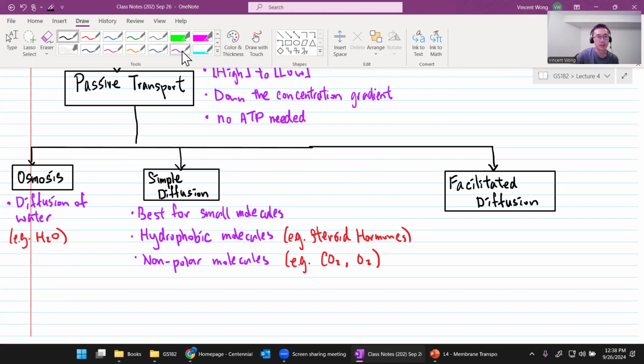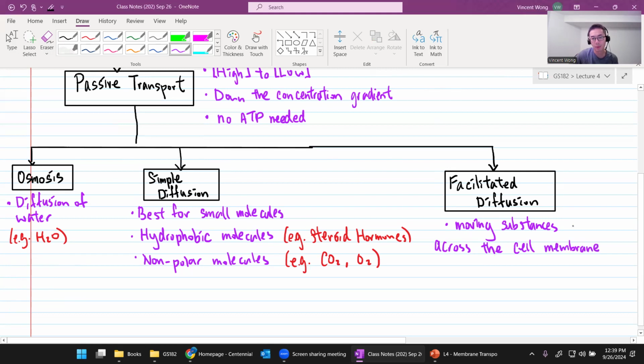Okay. Let me just give you the definition. Facilitated diffusion involves moving substances down, we can say across the membrane, across the cell membrane. Now remember, we are talking about passive transport still, so this is going down the concentration gradient. I'm not going to write it, but just keep in mind that it is.